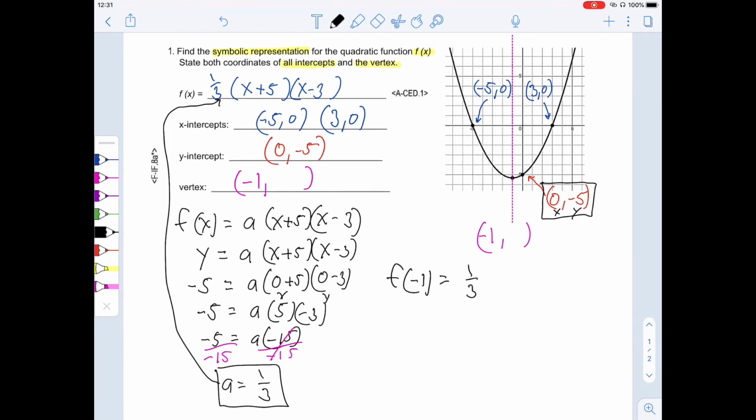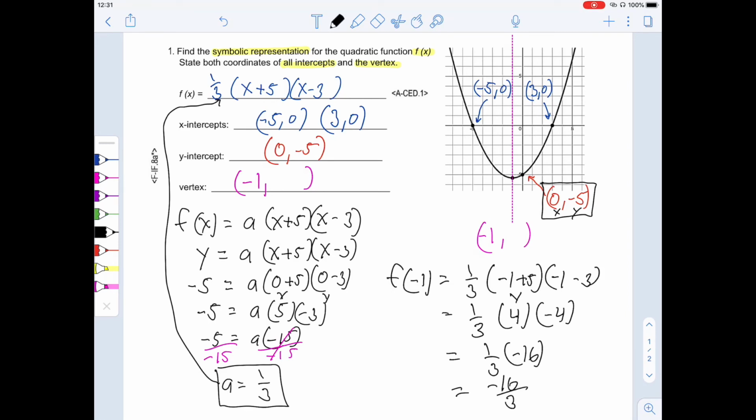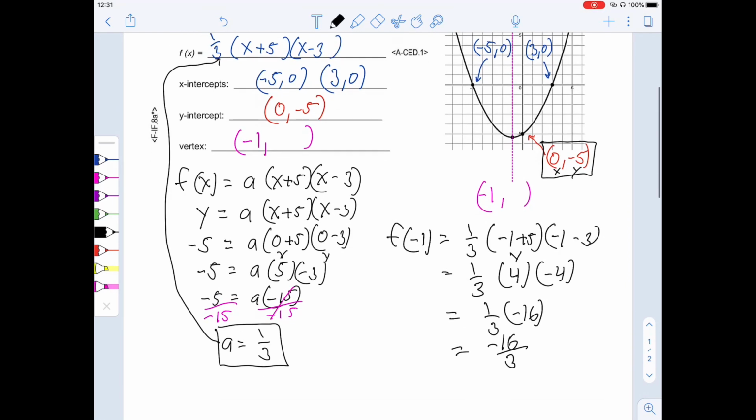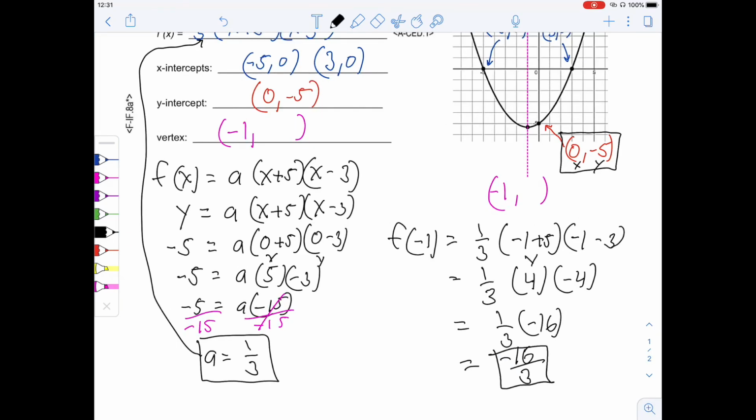So we got 1/3, parentheses, -1 plus 5, because we're substituting -1, and -1 minus 3, and then we just simplify this. So we get -1 plus 5 is 4, -1 minus 3 is -4, and we multiply that out, we get -16, so we get -16/3, and if you can simplify it, no, so it's -16/3.